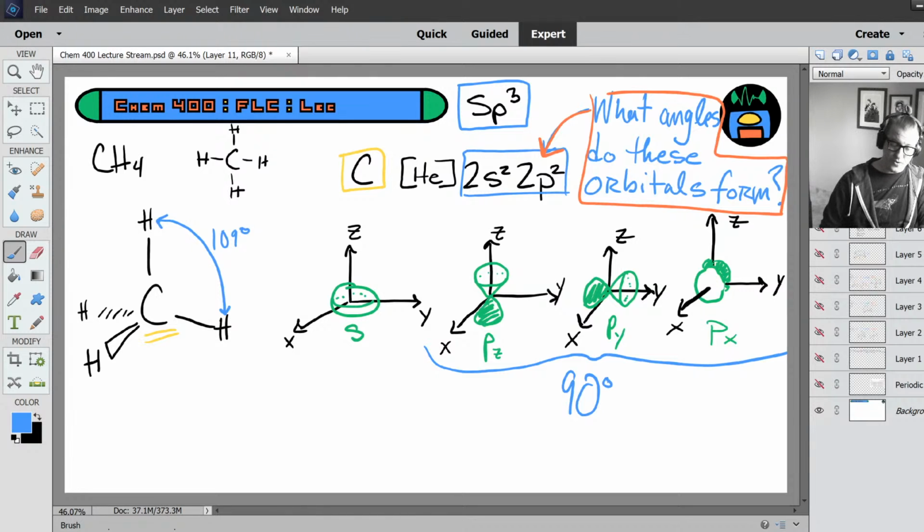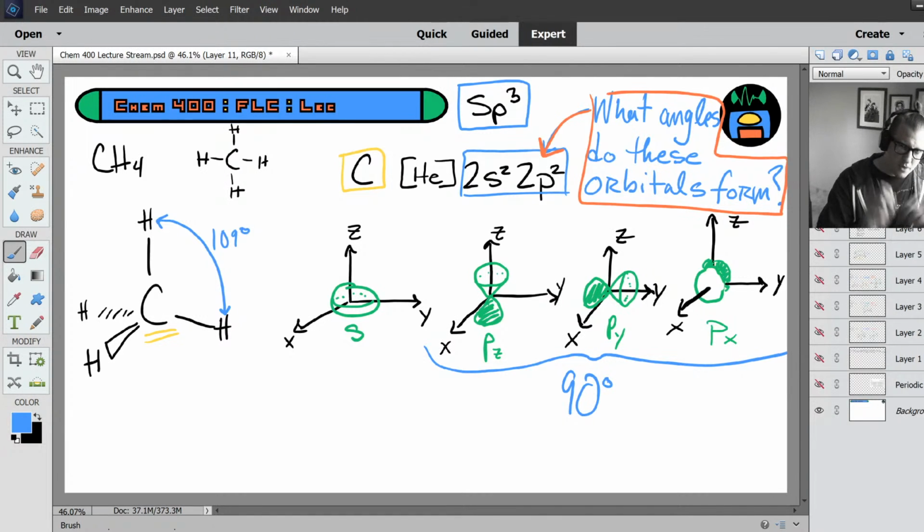So if the valence electrons for carbon, the ones that it uses to make bonds, are being held in an s orbital and p orbitals, why aren't the bond angles all 90 degrees from each other? Now, we know on some level the reason has to be that electrons repel each other. They want to get as far away from each other as possible. Yes, true.